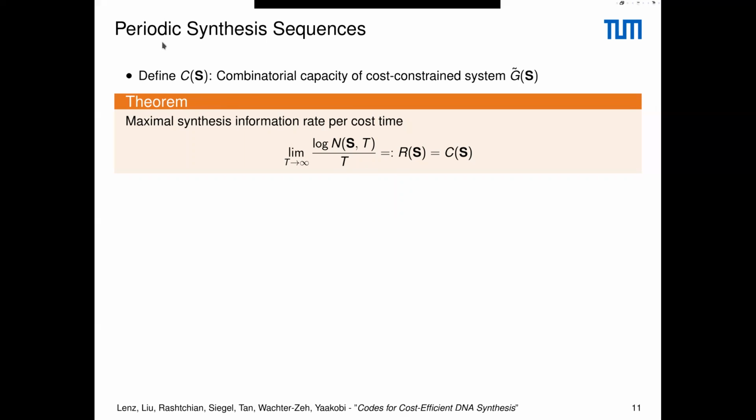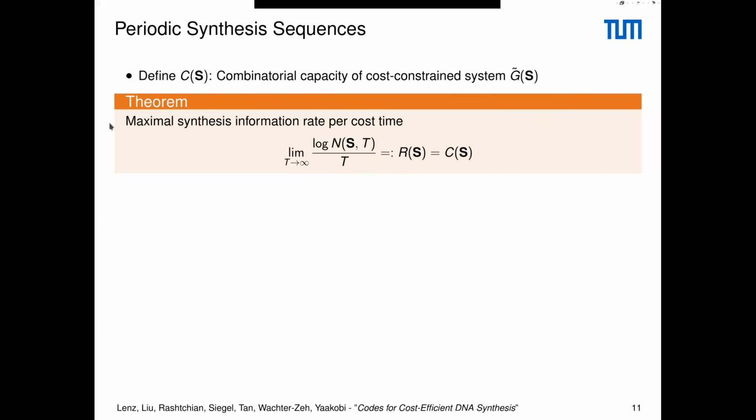So if we define C of S to be the combinatorial capacity of a constraint system, which is defined as in the standard constraint system theory, as the size of the language of sequences which cost at most T, and then you let T go to infinity.